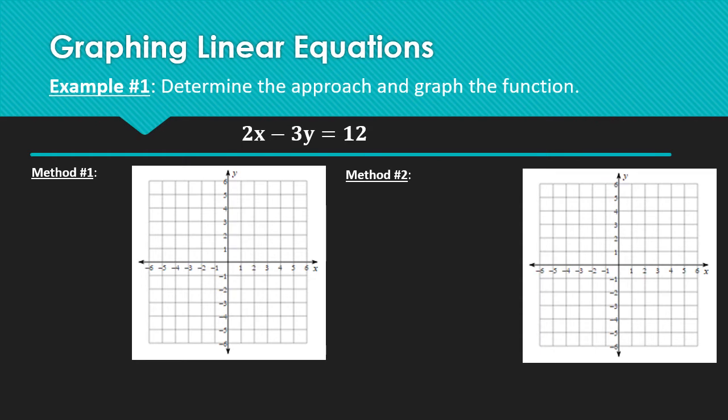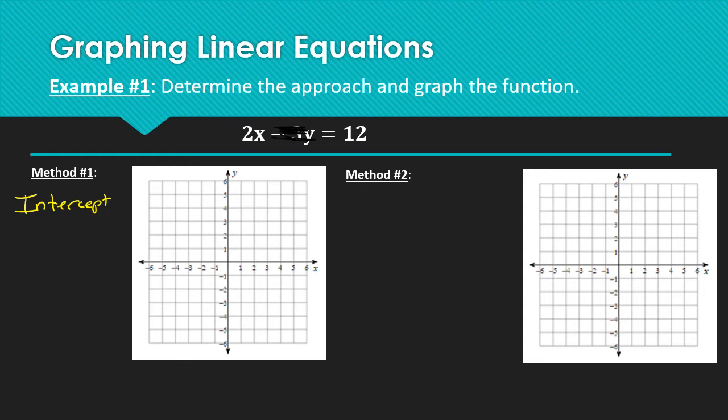All right, so let's tackle the equation 2x minus 3y equals 12. When I look at this problem, I see an equation in standard form. If I see an equation in standard form, traditionally, I'm going to use the intercept method. What I'm going to do is cover up part of the equation.